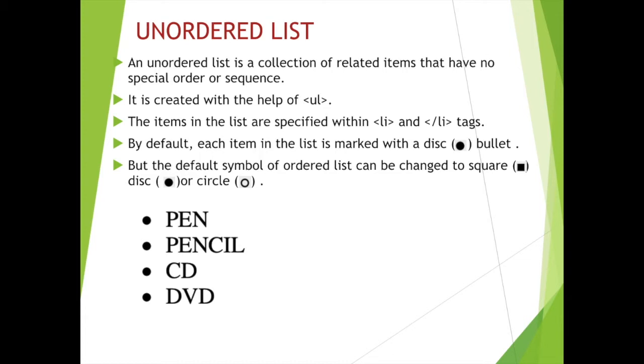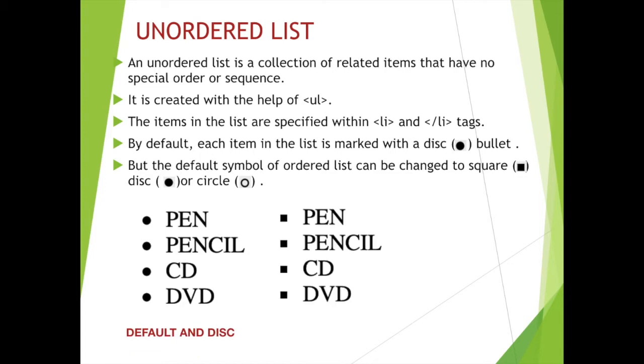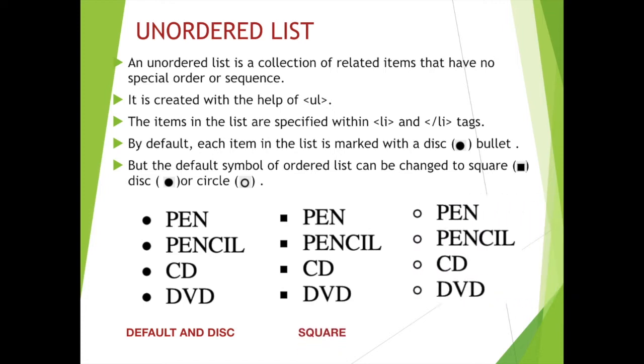If we have four items like pen, pencil, CD and DVDs, then by default it will be created in this format. This is the default disk type of the unordered list. But we can change it to square type also. This is called a square type, and we can also change it to the circular type.